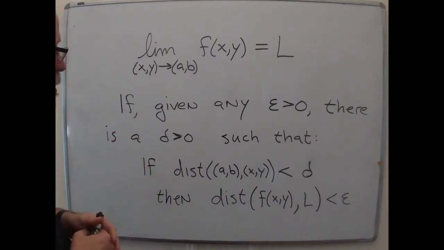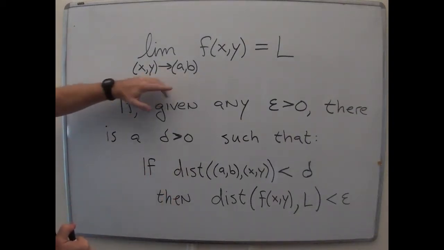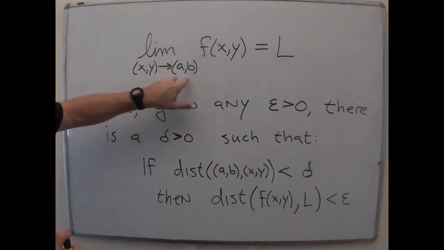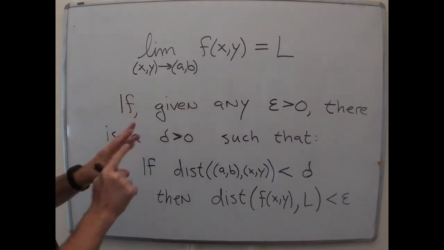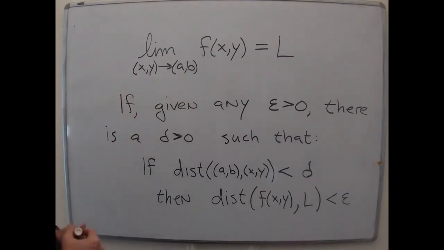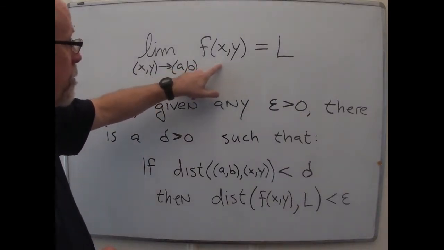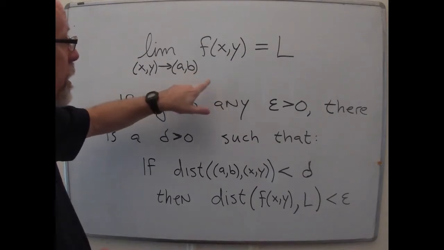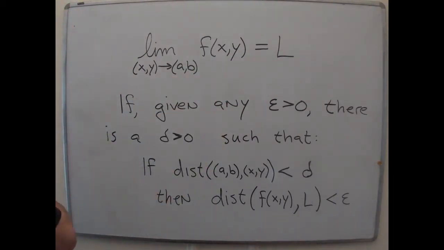It's really the same definition, just sort of rephrased a little bit. So we're trying to define the idea of the limit as a point in the xy plane approaches a fixed point in the xy plane. So think of x and y as actual variables. A and b are constants, though. They're particular numbers. But the idea is the limiting value of this function of x and y as we approach a, b should be L. That's the thing we want to define.